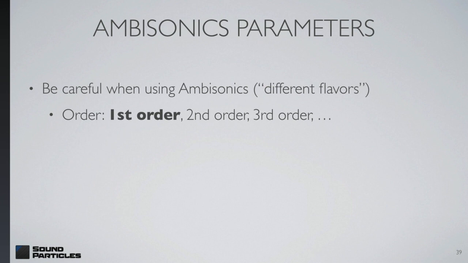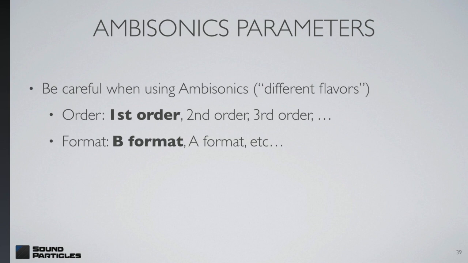So that's easy. The second is, okay, is this B format or A format, okay? Because someone could be recording something with the Ambisonics microphone and sending this in A format, and you need to make sure whether it is A format or B format, because A format and B format are different things, okay?